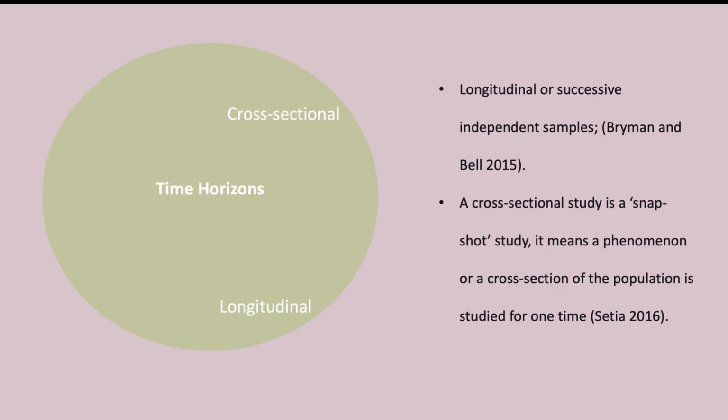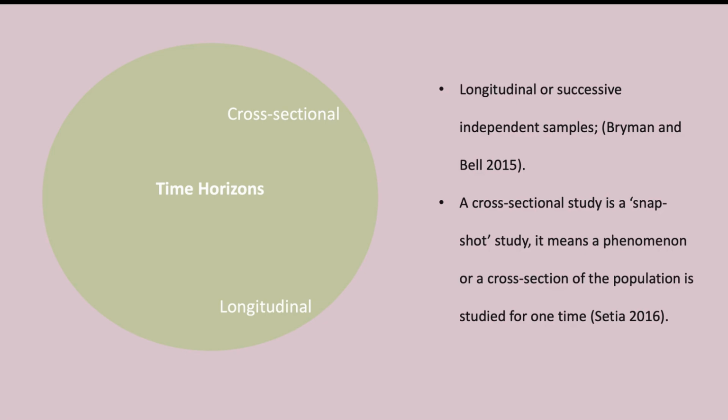Before we reach the center is time horizon, the time in which you have to undertake your research. And here we have two distinct time scales: longitudinal, or successive independent samples, and cross-sectional, as a snapshot study.